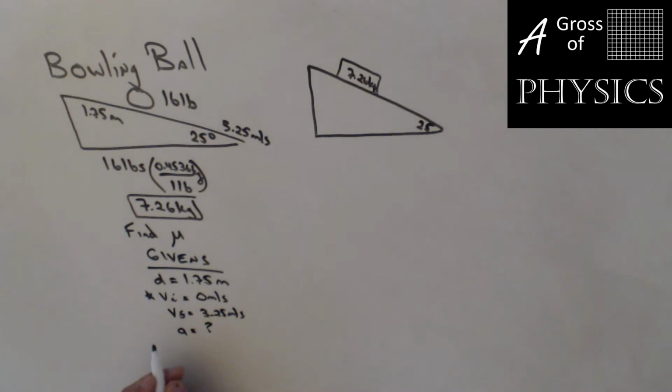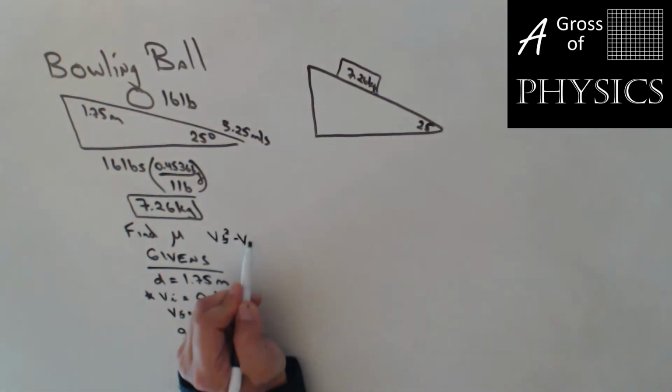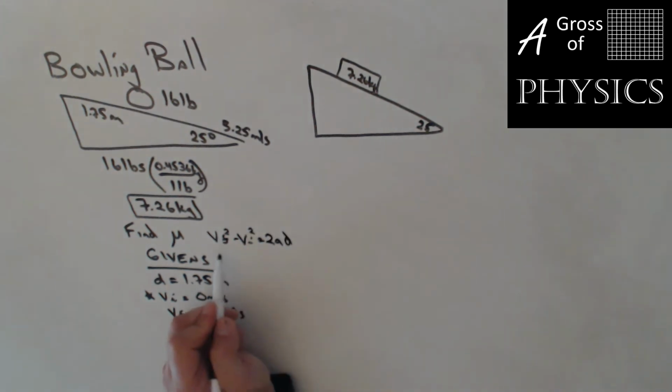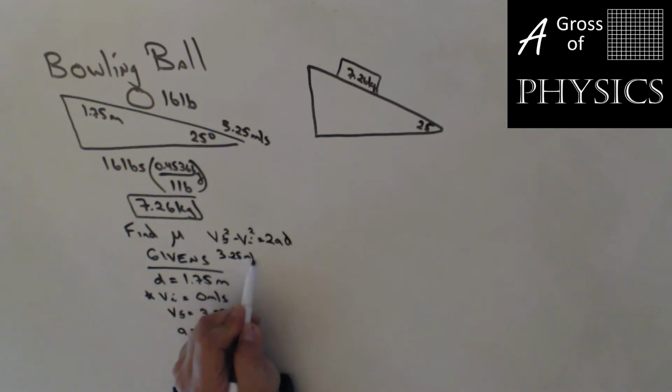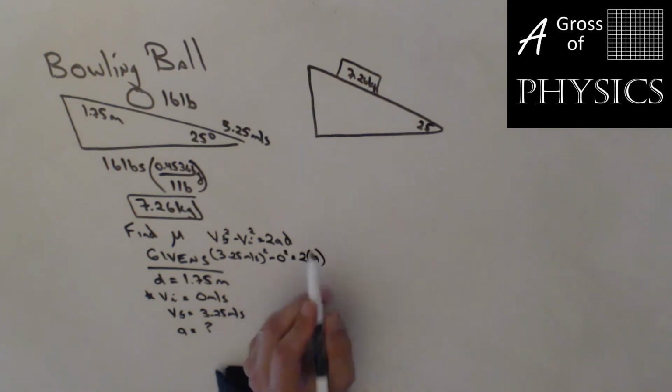I'm going to use equation 5: vf squared minus vi squared equals 2ad. 3.25 meters per second squared minus 0 squared equals 2a, and then d, which was 1.75 meters.